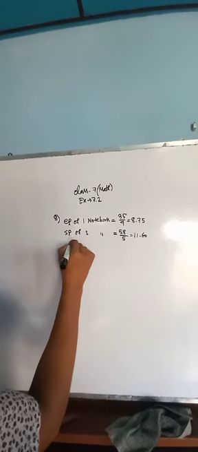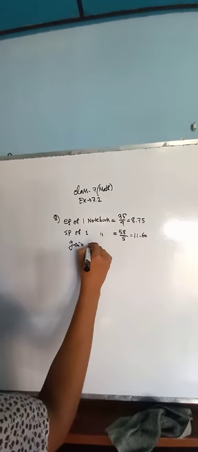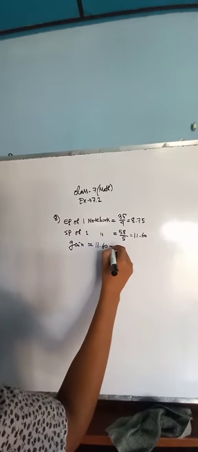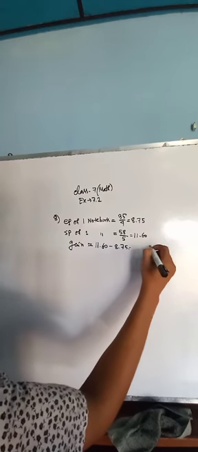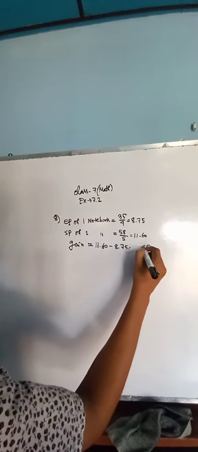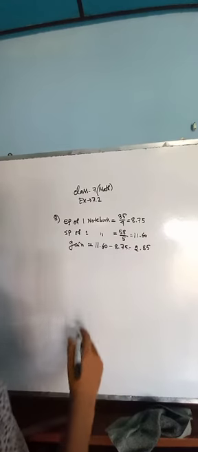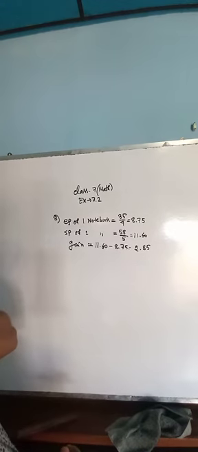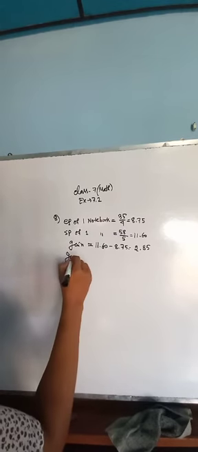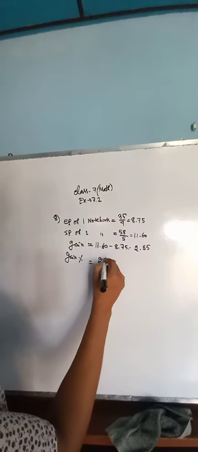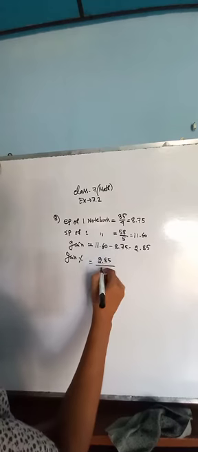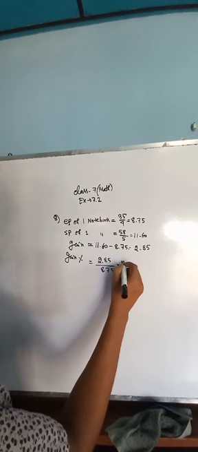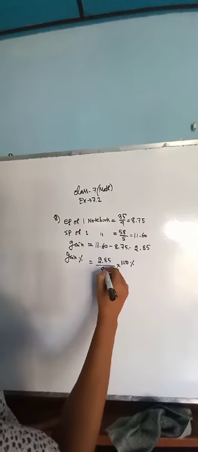Now gain percentage. First you see the gain. Of course, SP is greater than CP, so the gain is 2.85. Then gain percentage. Two places after the point, cancel it.